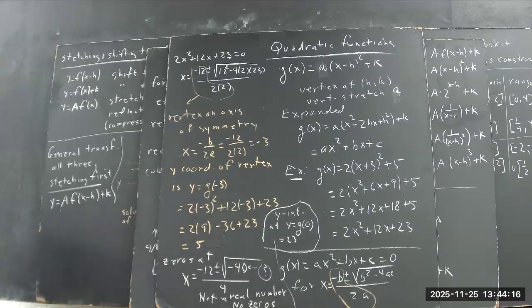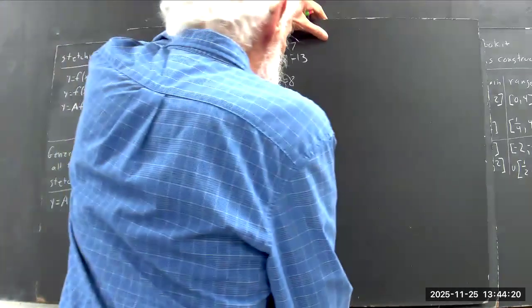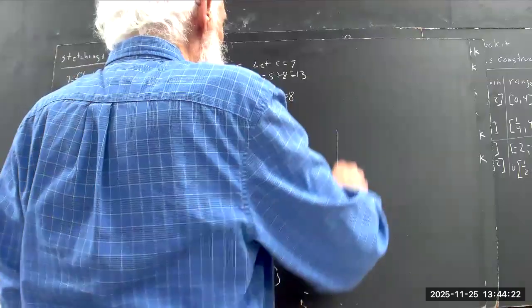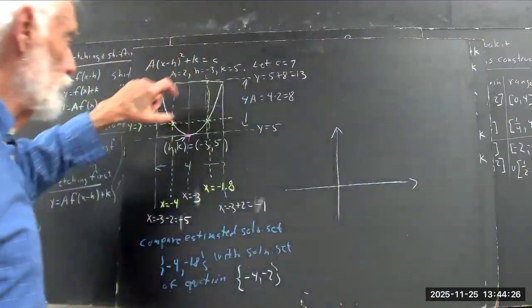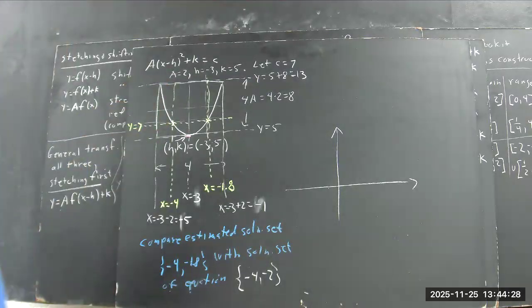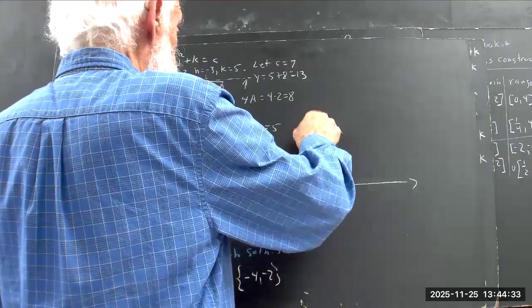If we put that onto the graph, and I left myself plenty of room over here. If I'm going to draw a graph of this thing, I can say, okay, well, my axis of symmetry is that x equals -3.